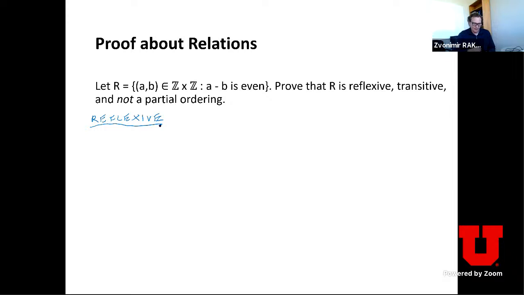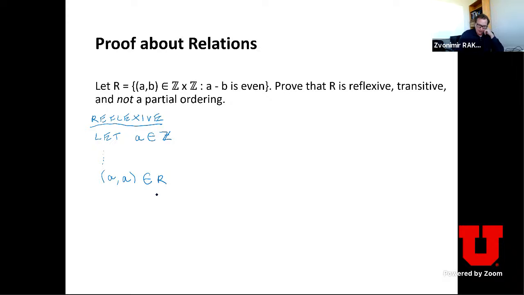So to prove reflexive, we have some a, an element of the domain. And from there, we want to derive that (a, a) is an element of R. That's the skeleton of the proof, and we have to fill in the middle.